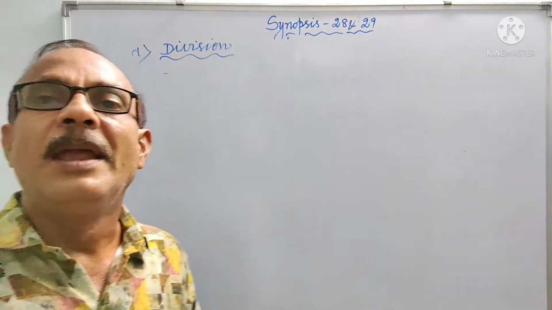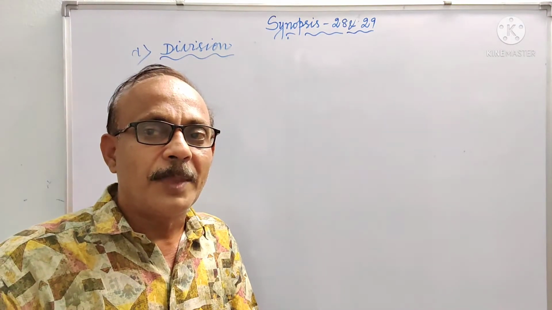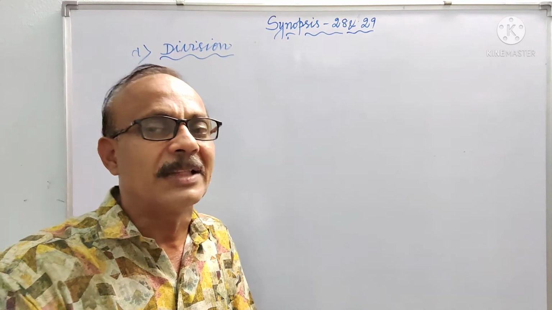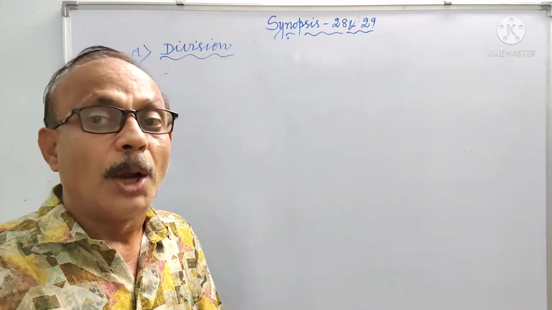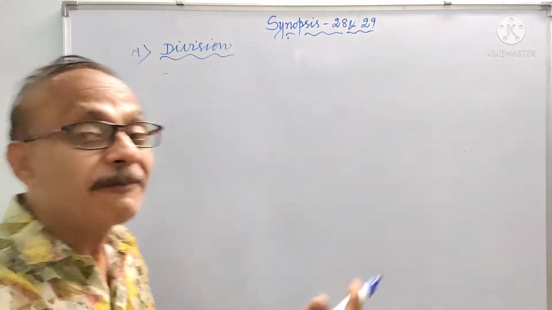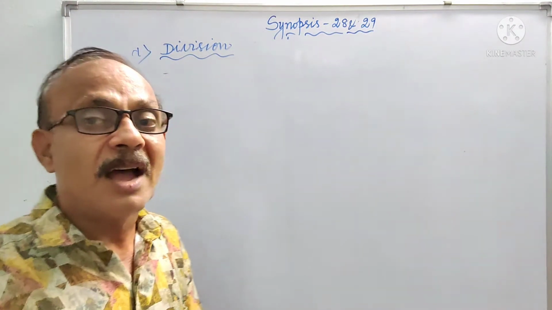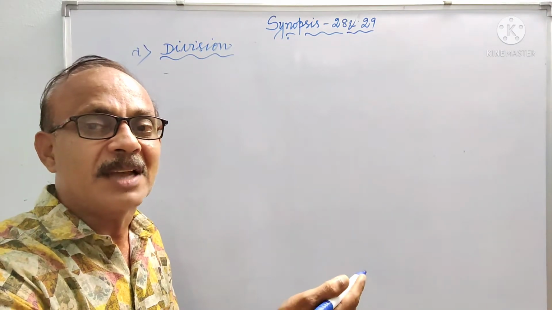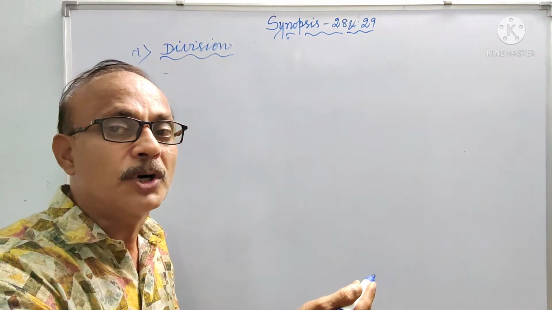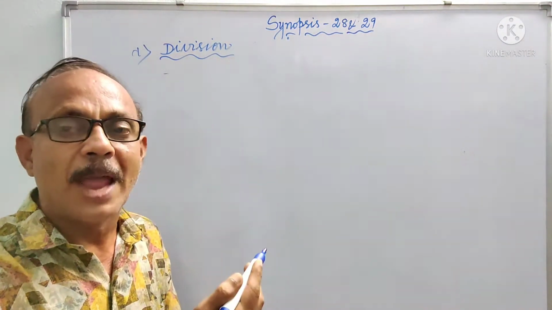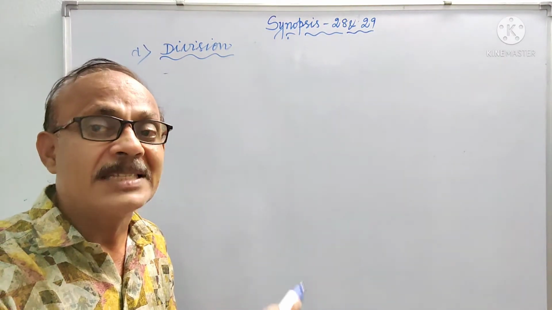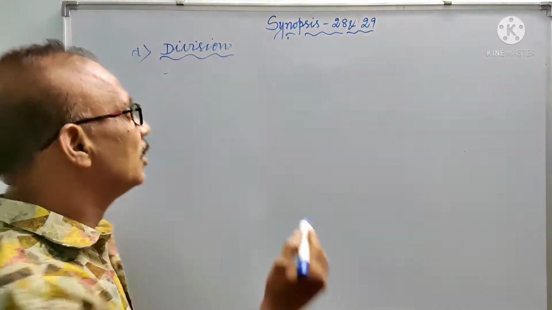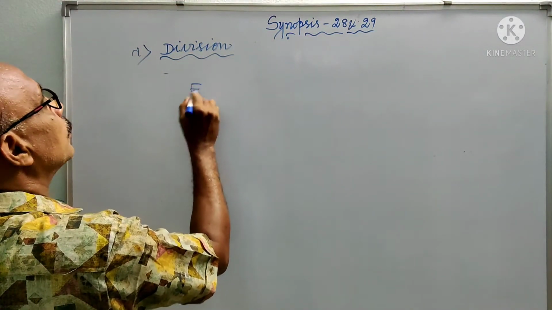The rule is, if you divide a decimal by numbers like 10, 100, 1000, 10,000, etc., the decimal point moves left. In the case of multiplication, the decimal point moves right, whereas in the case of division, the decimal point moves towards the left, by as many places as the number of zeros in the number with which you are dividing. So let us see some examples.